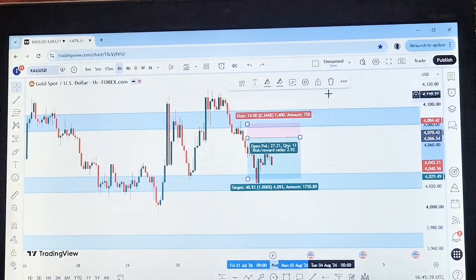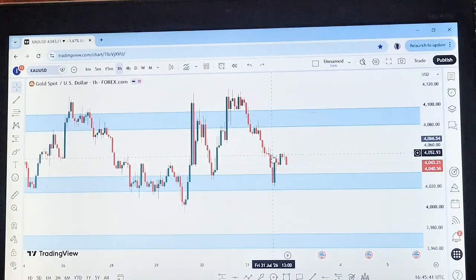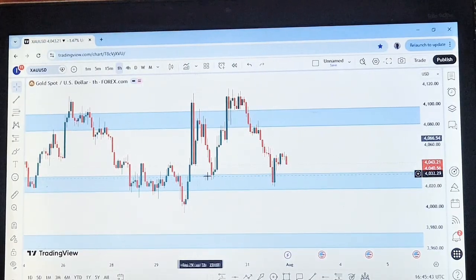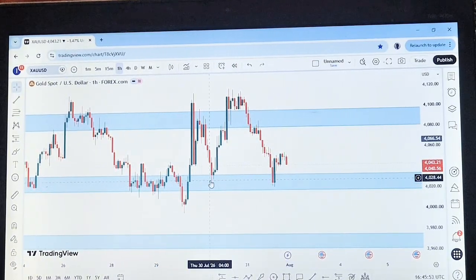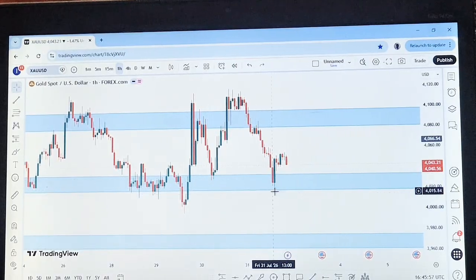So all you need to do, after you have marked out this level, is just wait for the market to come all the way to this level. As you can see, this is where the market came, broke below this level right here, came all the way and returned.